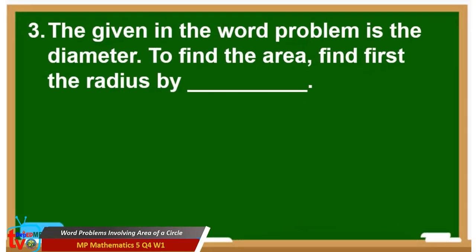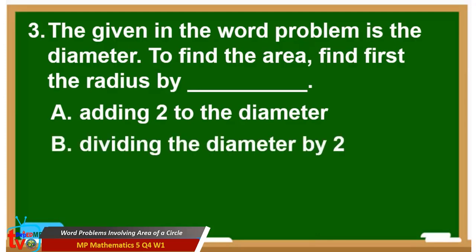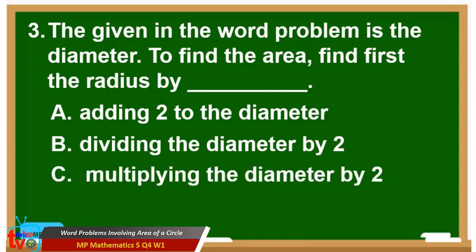Number 3. The given in the word problem is the diameter. To find the area, find first the radius by letter A, adding 2 to the diameter. Letter B, dividing the diameter by 2. Letter C, multiplying the diameter by 2.